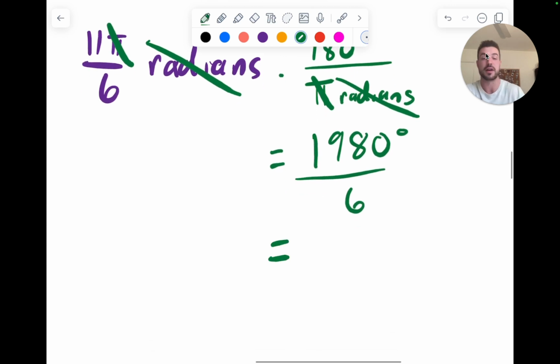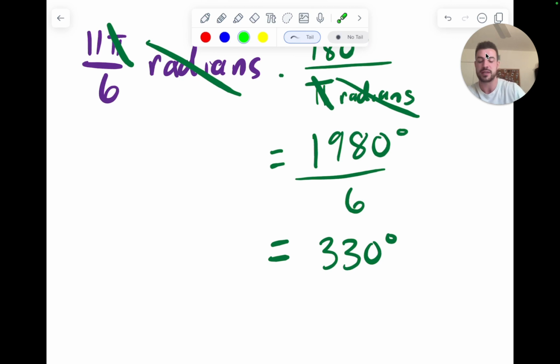Now, if I divide those, and I just did this on my calculator, we get 330 degrees, which is almost 360, which would be a full circle. Well, that should make sense because 11 pi divided by 6 almost gets us to 2 pi, and 2 pi is equivalent to 360.